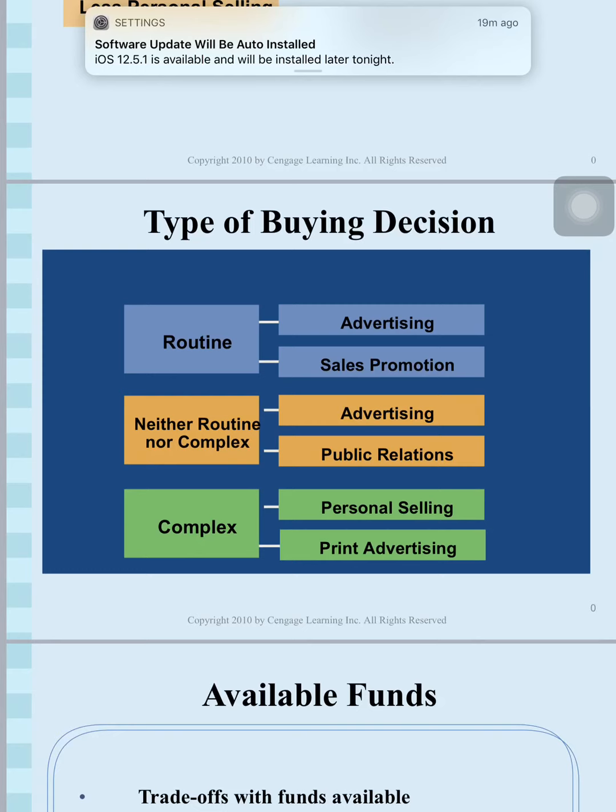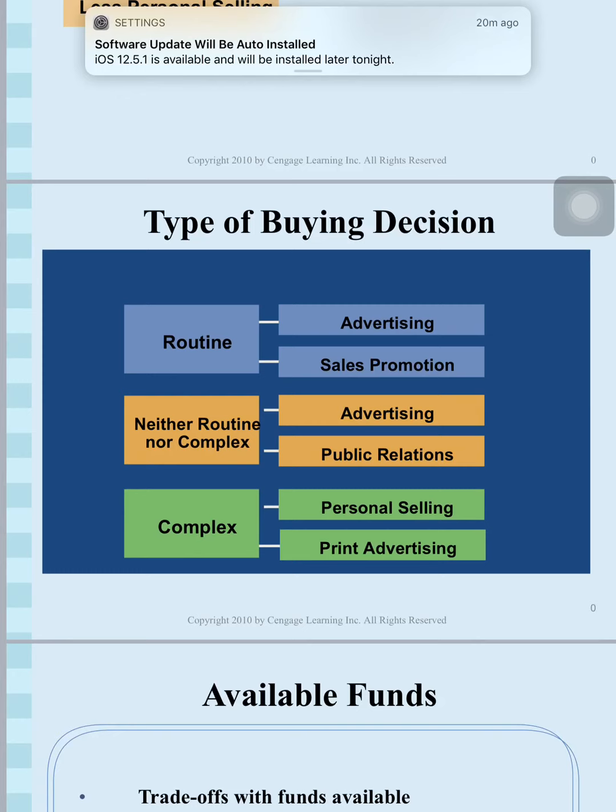So they go for personal selling and print advertising, like magazines and so on. Why? Because in complex decisions, they look for more information about the brand and the product before they make a purchase decision. Okay, so this is the type of buying decision.